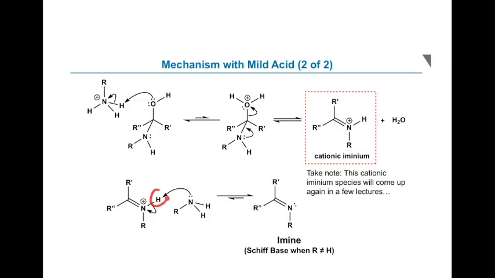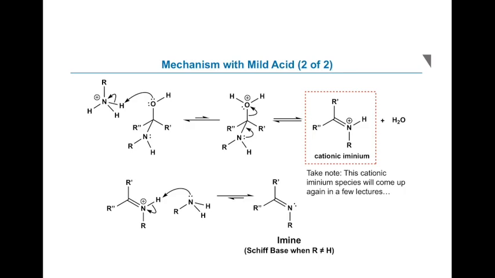Last step is we have to deprotonate the center, so this is where our neutral amine, the proton transfer event, comes back in, deprotonating it through here. So once again, first proton transfer event here, second proton transfer event here, a total of 4 all the way through the entire molecule, giving us this imine, sometimes referred to as what's called a Schiff's base.